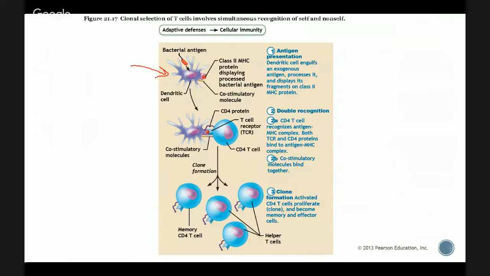It's going to engulf it, and then it's going to push out a piece of that antigen and display it. So this is what we call the presenting of the antigen. So we're going to present it through a class 2 MHC protein in this case. So it's going to process it and it's going to display it.